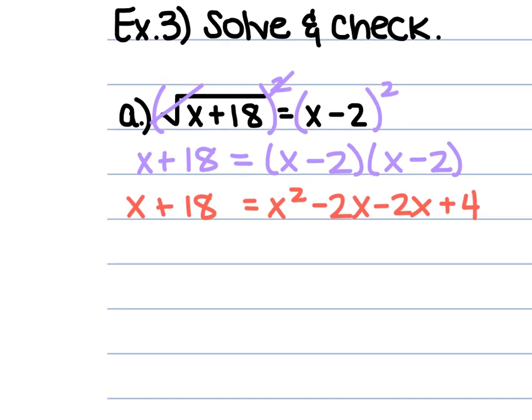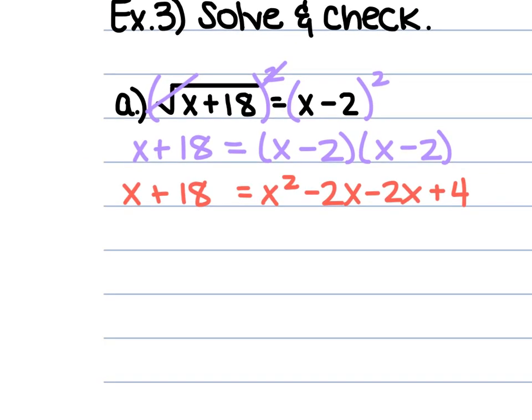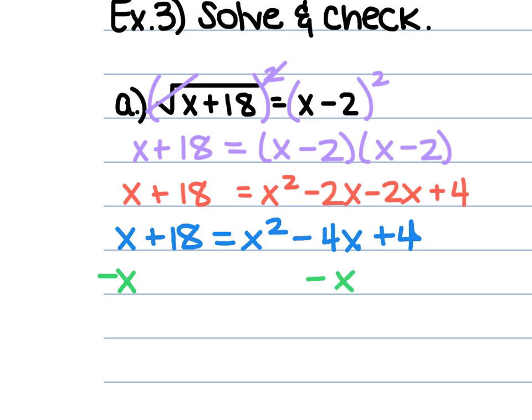We're going to combine like terms and get everything on the same side as that x squared. Because we have the x squared, we're going to have to solve by factoring. We are going to have x plus 18 is equal to x squared minus 4x plus 4. We're moving the x over by subtracting it. We're moving the 18 over by subtracting it.